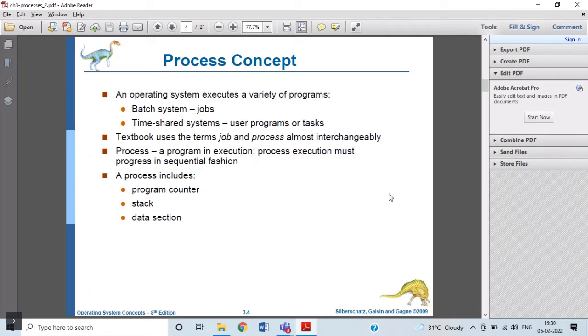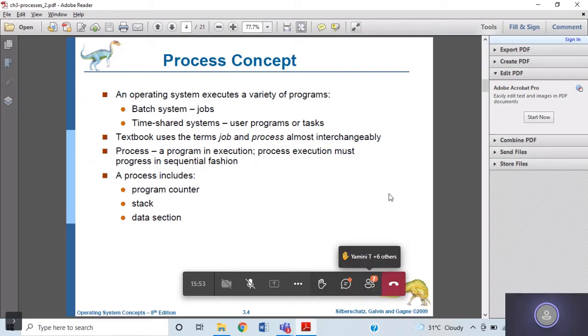Batch systems, as I said already, collect several jobs into a single batch, and batch by batch it will execute. In time shared systems, some time is scheduled for each user program or task, and then it will be executed with the help of an operating system.